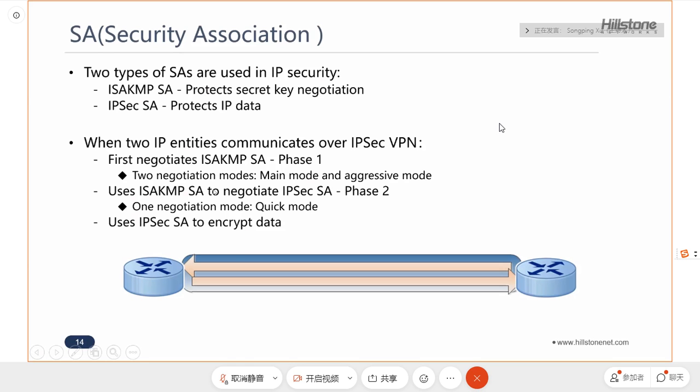If both VPN sides are using static IP addresses, we will use main mode for the negotiation. If one side is using dynamic IP, we need to use aggressive mode. And for phase two, there's only one negotiation mode, which is quick mode.